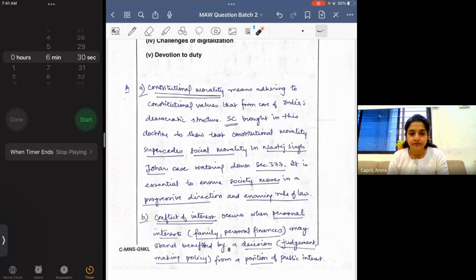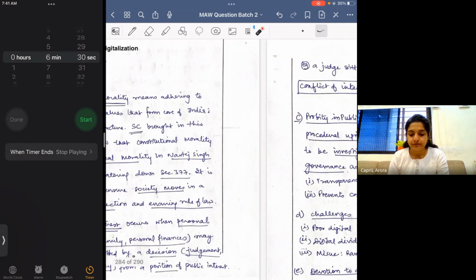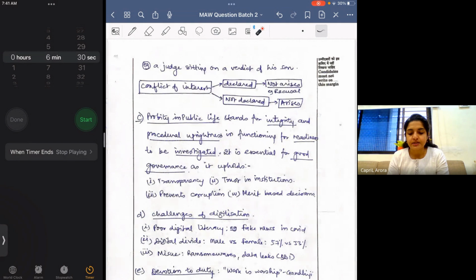Conflict of interest occurs when the personal interests of family or personal finances may stand to benefit from a decision, judgment or making policy from a position of public interest. For example, a judge sitting on a verdict of his own son.